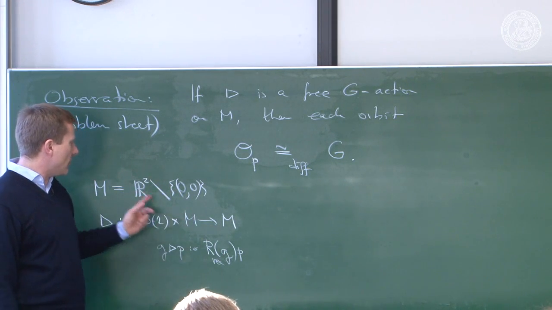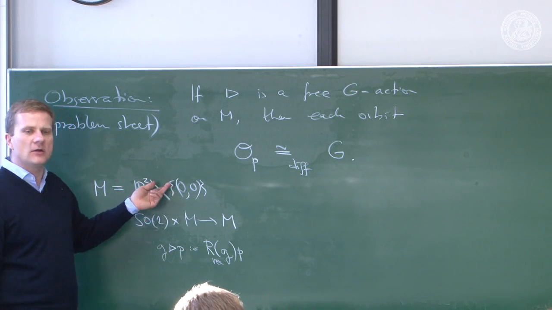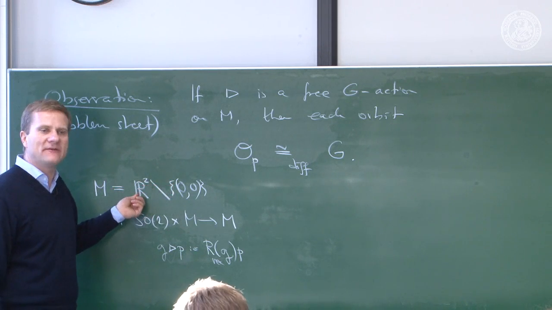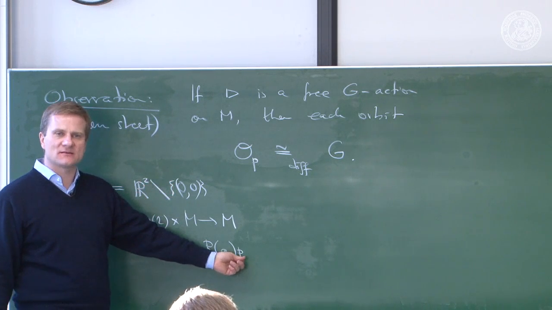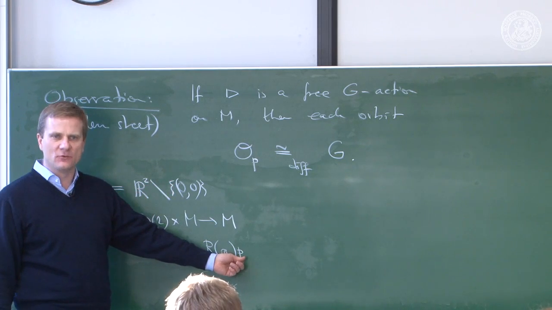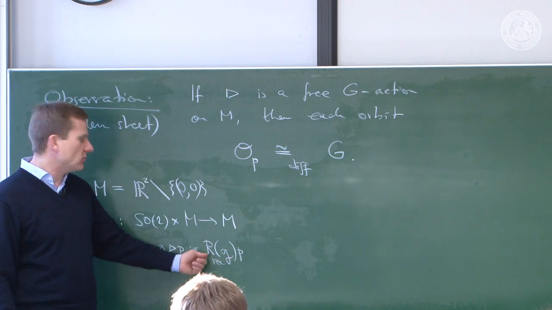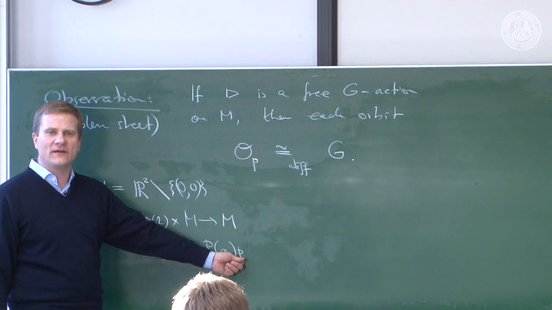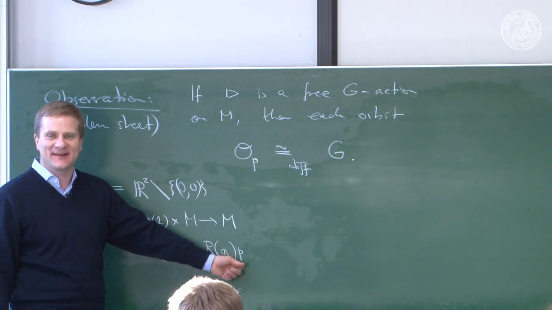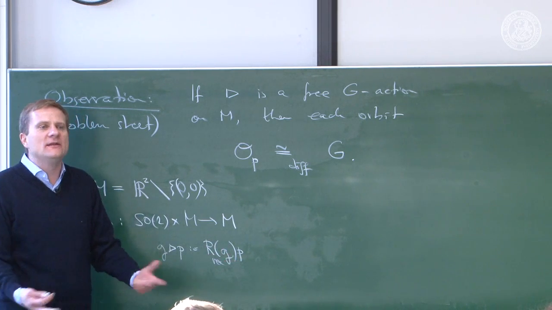But now I took the origin out of this M, so it's no longer a vector space. Of course, I can still act with this on everything, but I just removed the origin. This is no longer a linear representation because it doesn't act on the full vector space anymore. So it's now really only a left action.